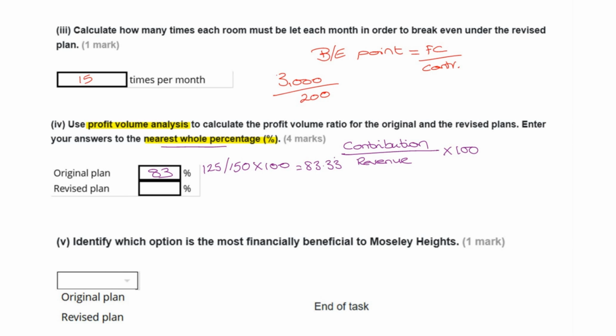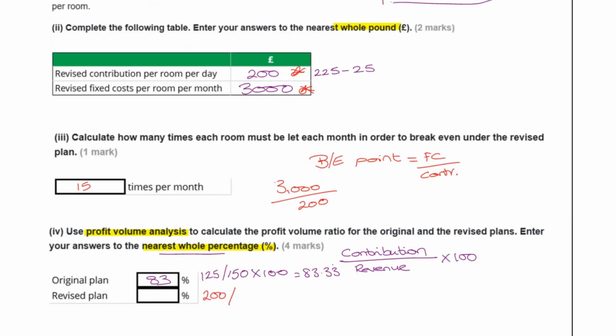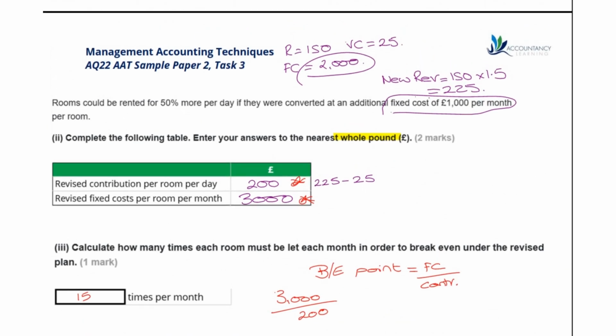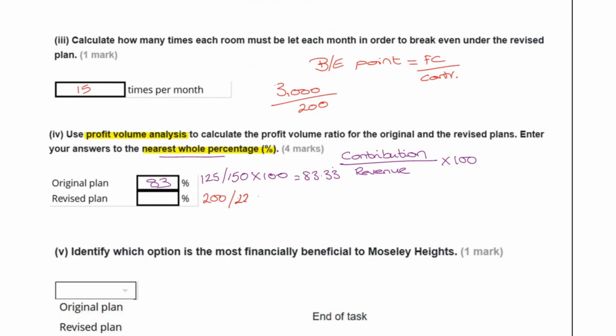Under the revised plan, our contribution is 200 and then we worked out up here what our new revenue was, 225. Divide and multiply that by 100 to get 88.88, and to the nearest whole percentage is 89.